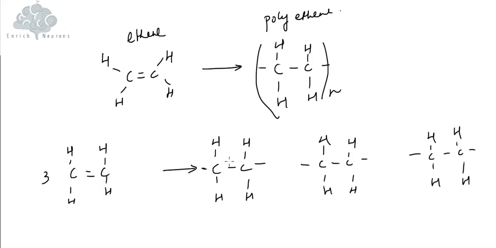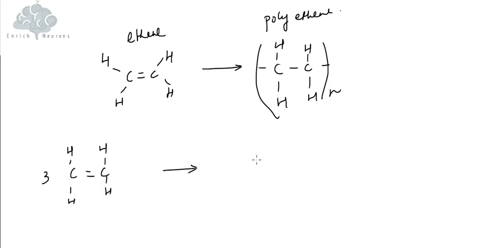Now all these molecules are free at the ends, and therefore they could bind together to form one long chain of molecules. That's what is happening here. Instead of writing the molecules separately, I am just writing them together.